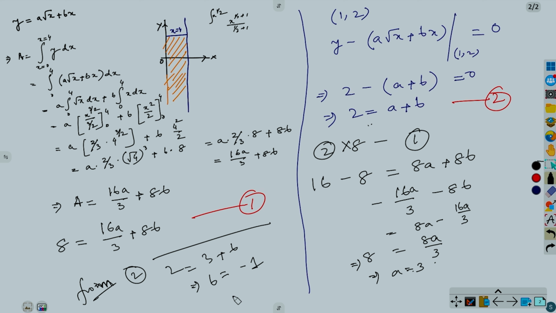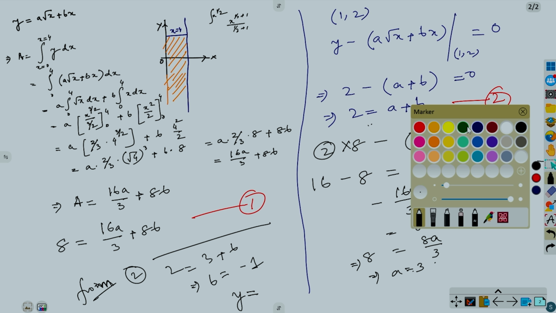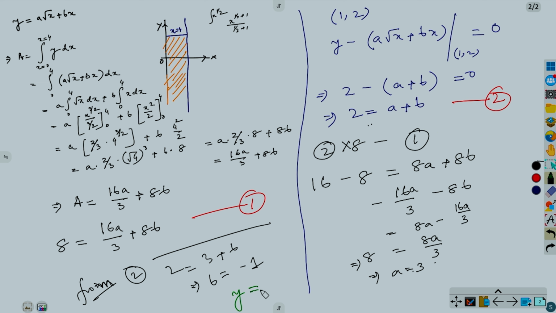Therefore the curve is, let me use a different color, y equals 3 root x minus x. The value of a is 3, the value of b is minus 1. We simply substitute the values here, and from here we obtain the curve.